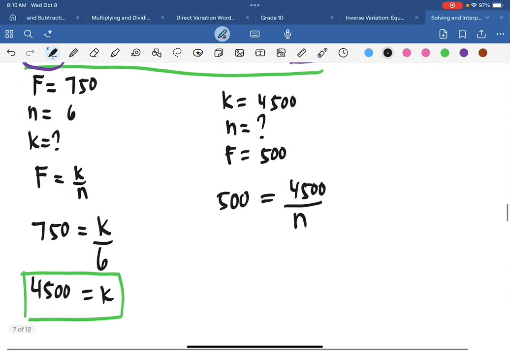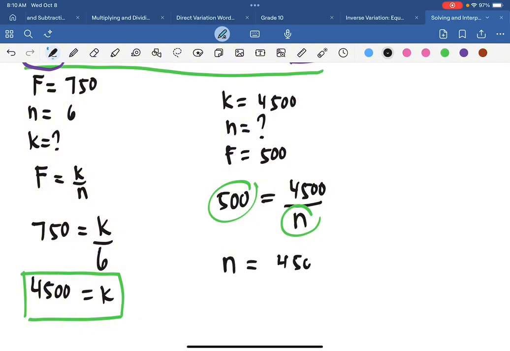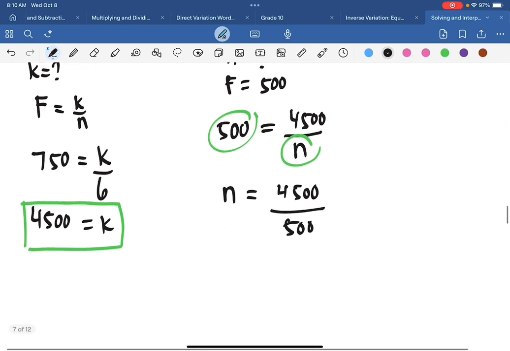So if you want to do the direct thing, you could just interchange 500 and N to their positions. So we can have N equals 4,500 divided by 500. And based on this, 4,500 divided by 500 is equal to 9.